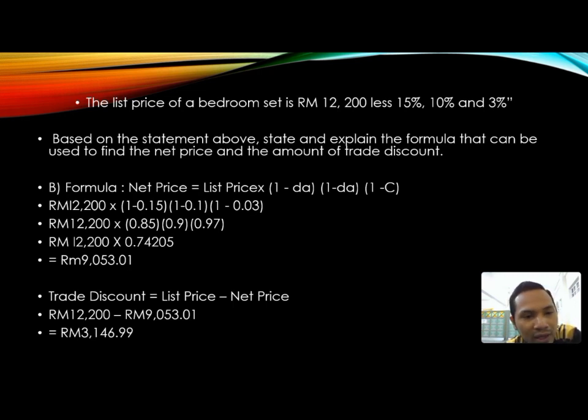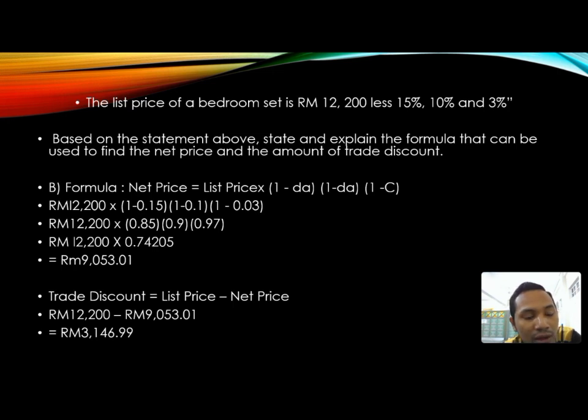We can use the formula net price equals list price multiplied by 1 minus first percentage of trade discount, 1 minus second percentage of trade discount, and multiplied by 1 minus cash discount.